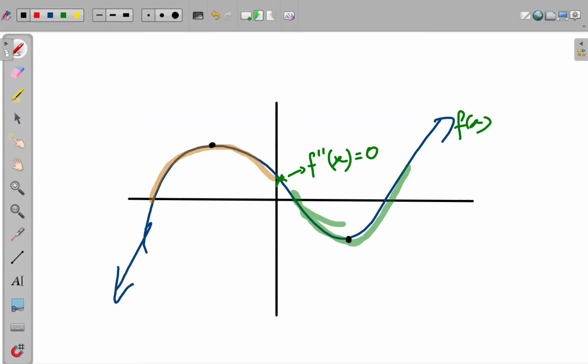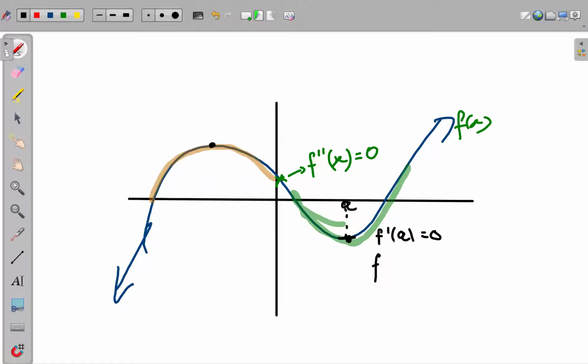For example, right at this turning point, I know that the first derivative is equal to 0. Let's call the x value of this point a. So I know that when I substitute a into the first derivative, I will get a 0. But now if I want to know whether this is a local max or a local min, obviously here we can see it's a local min, but sometimes you need to know before sketching the graph, without a sketch, in other words.